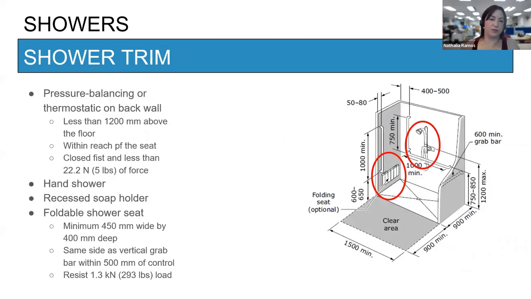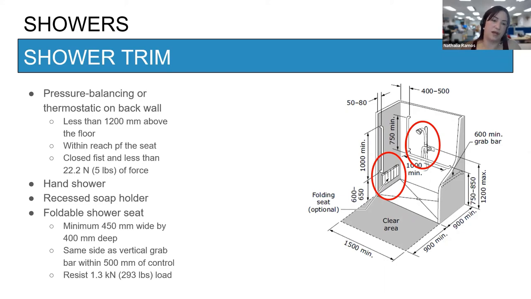The shower trim has to be pressure balancing or thermostatic on back wall. It has to be installed less than 1200 above the floor, within reach of the seat, and also be activated with a closed fist using less than 5 pounds of force. It also has to have a hand shower.